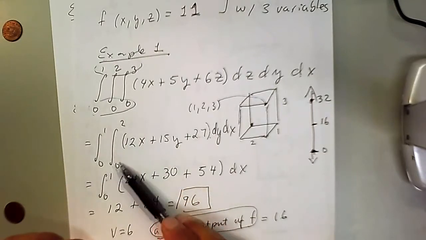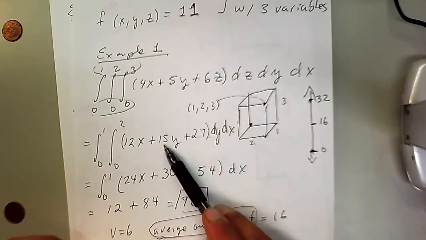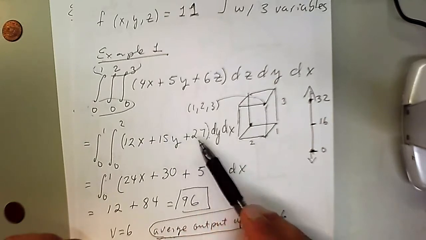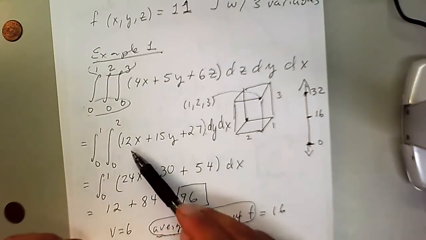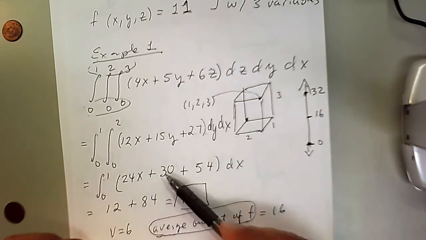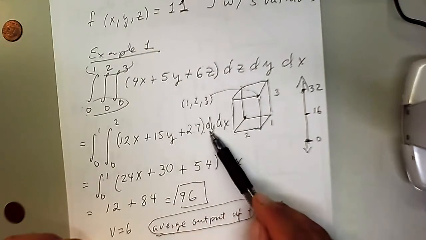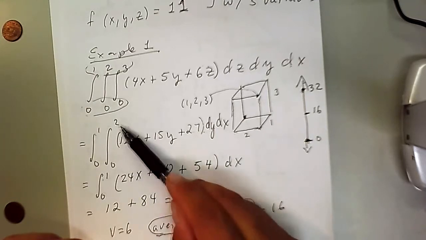When we integrate with respect to y, we did y squared over 2. Oh, this is a little confusing because we got 24. We get double this, but notice that there's no y because we're integrating with respect to y. So don't think it's just double that.